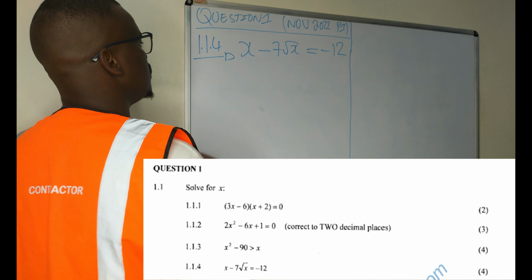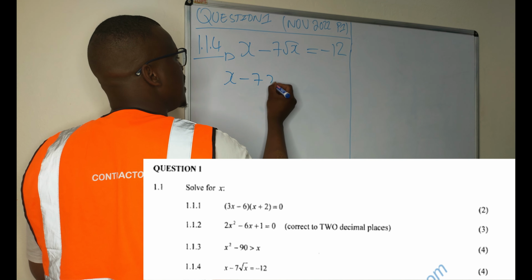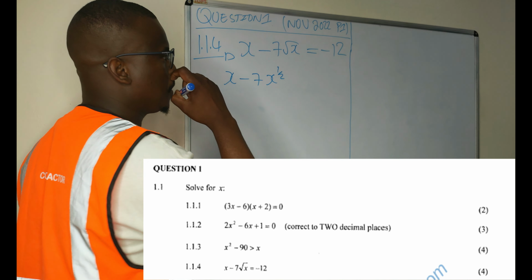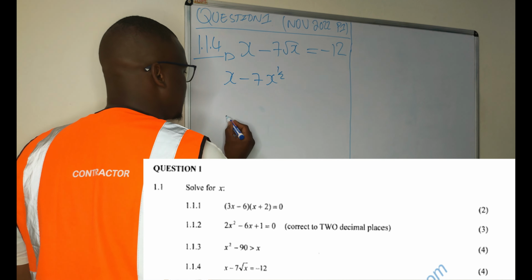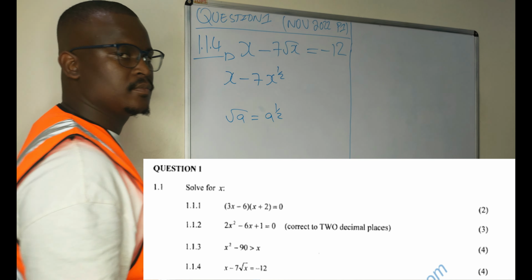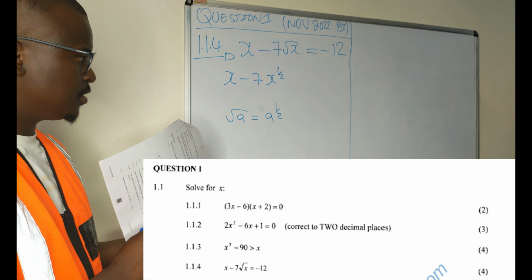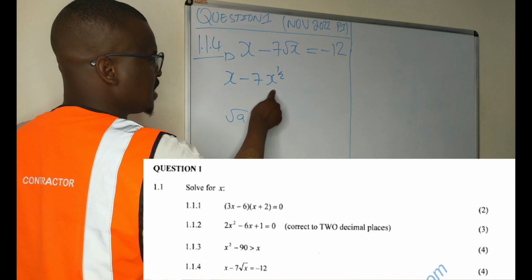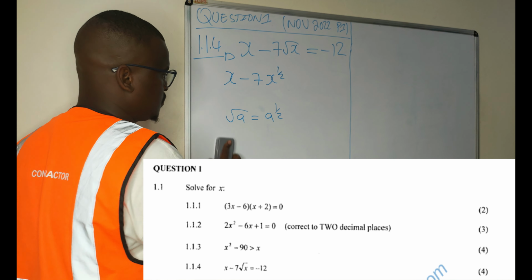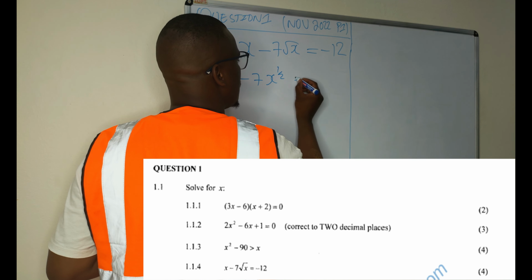If you look at it, you have x minus 7, x raised to 1 over 2. You know from sets that the square root of a is equal to a raised to 1 over 2. We know this from sets. We did sets at grade 11. So this is that by definition. Okay, is equal to minus 12.